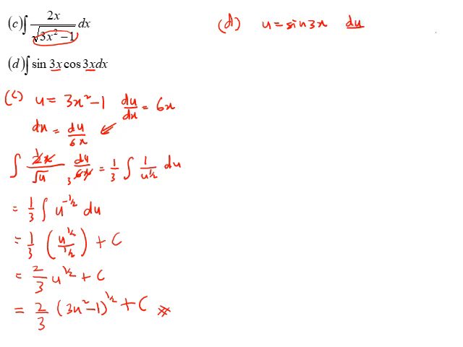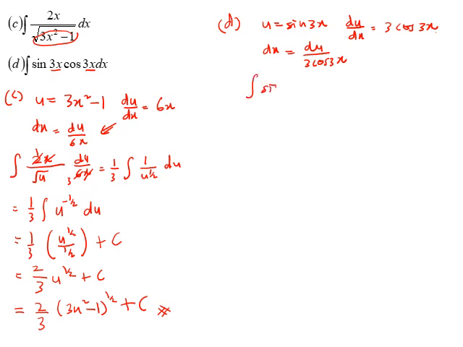So du over dx is equal to 3 cos 3x. So dx is equal to du divided by 3 cos 3x. Okay, so now substitute in the original equation.